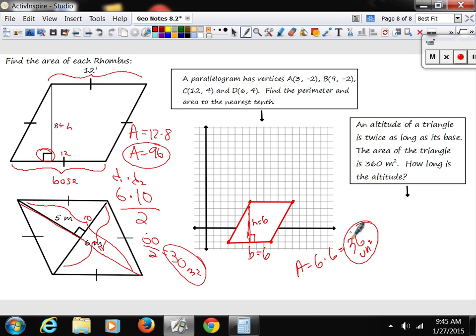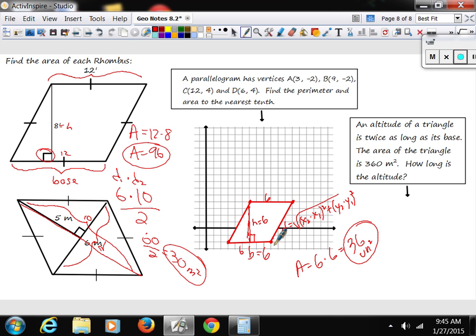Now the perimeter would be a little tougher, because you would have a 6 on the bottom, a 6 on the top, and you'd have to do the distance formula for these two because they're not straight up and down. You'd need the 2 points and the big square root formula: x2 minus x1 squared plus y2 minus y1 squared.